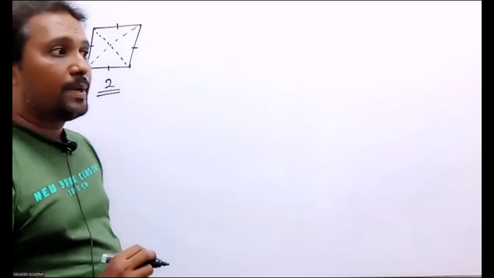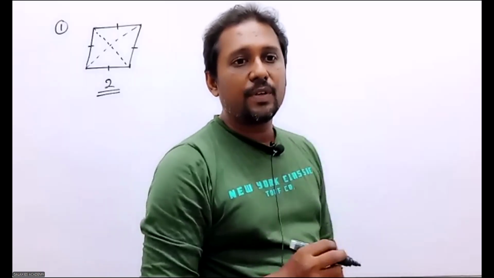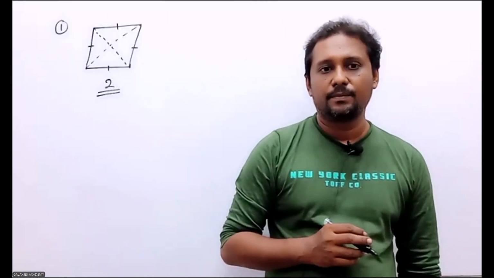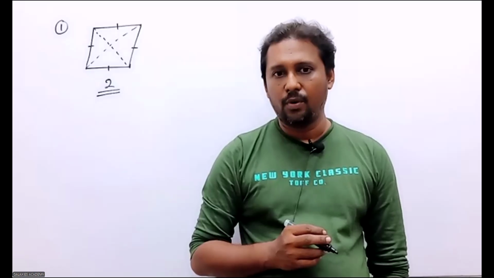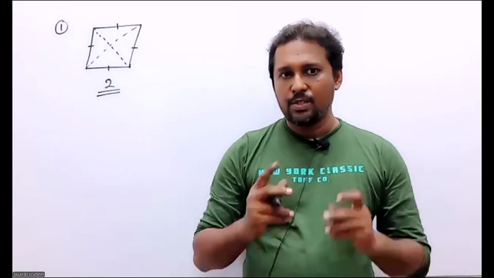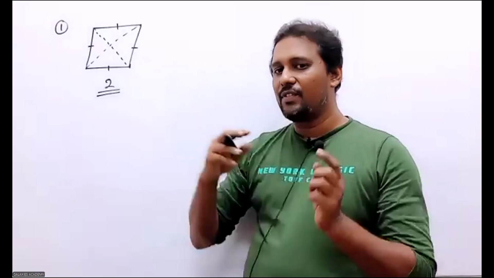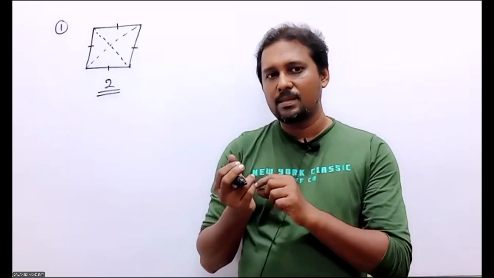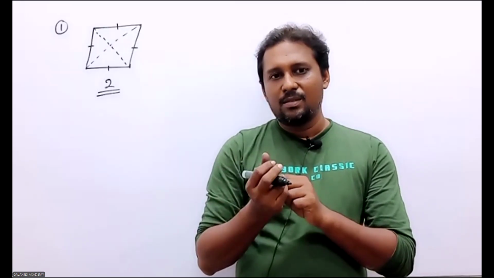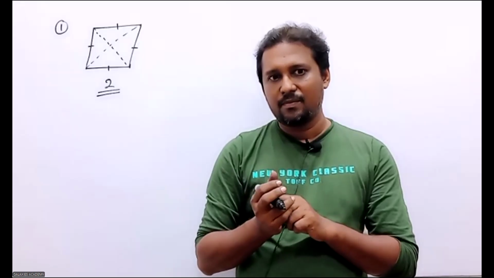Can you tell me how many axes of symmetry a square has? Four. What is the difference between a square and a rhombus?